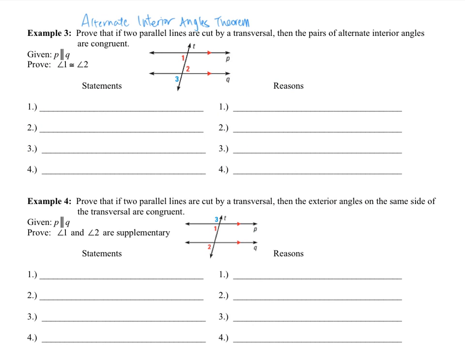Example 3 asks you to prove the alternate interior angles theorem. So let's look at what you're given. You're given P is parallel to Q. So I could write that as my first statement: P is parallel to Q, given. Now, since P is parallel to Q, then I know that angle 1 will be congruent to angle 3 by the corresponding angles postulate.